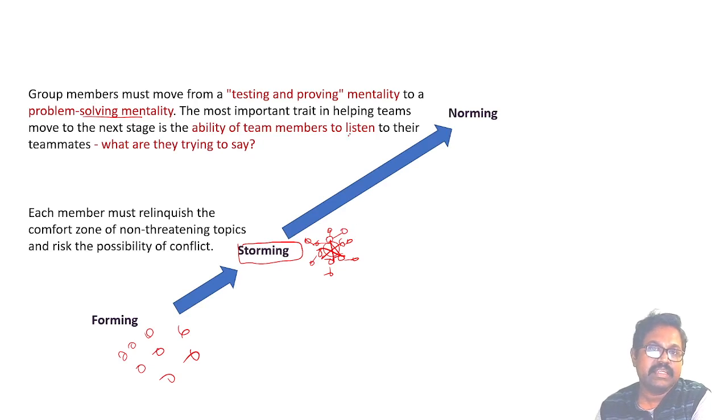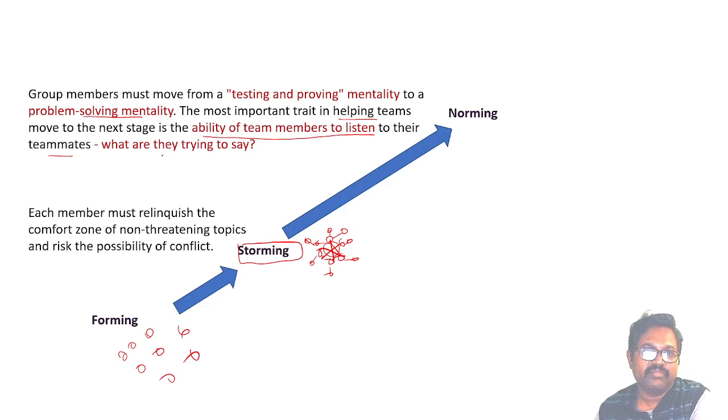It is the stage where they develop a flexible mentality and learn to solve problems. The most important trait in helping the team move to the next stage is the ability of team members to listen to their teammates.